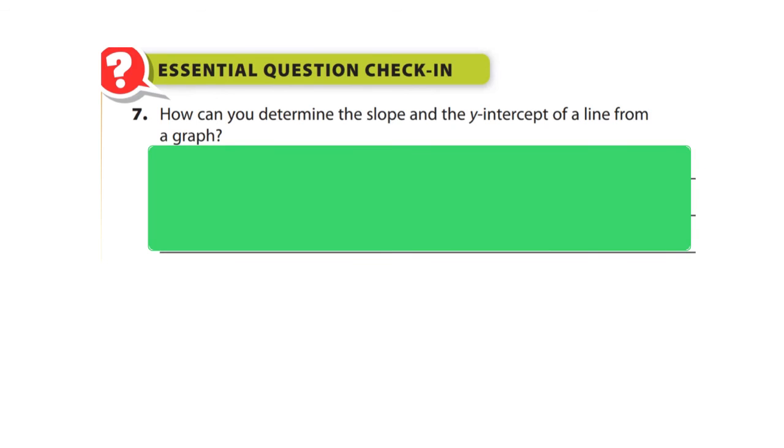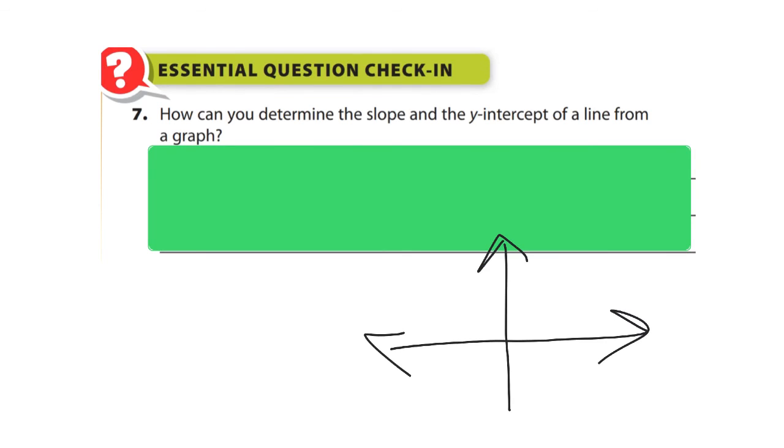Okay, how can you determine the slope and the y-intercept of a line from a graph? So if you have your graph, I'll just put a little coordinate plane here, and I'll put a line for our graph. So remember, the easier one was the y-intercept.